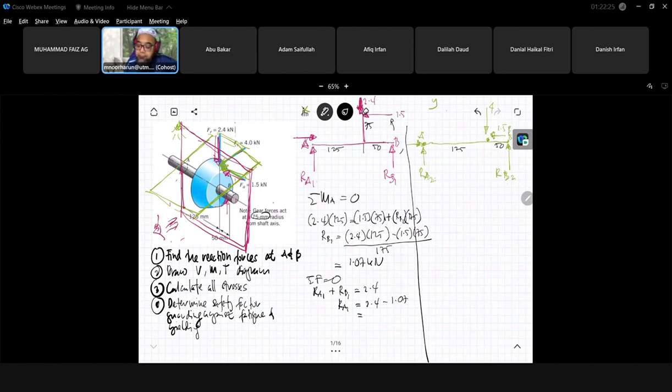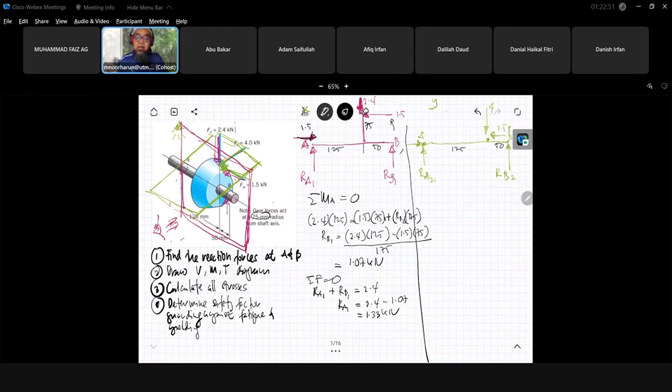You akan dapat 1.33 kilonewton. So this direction is definitely equal because there's no other force in this direction. So this is 1.5. Okay, you are done for the first plane.